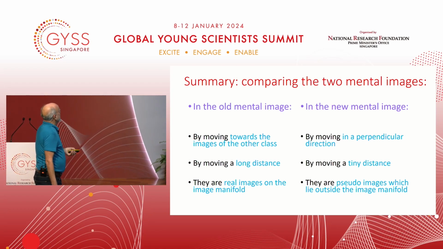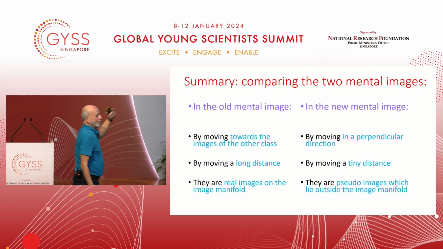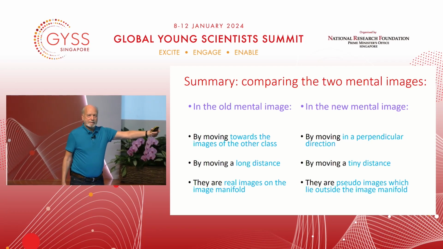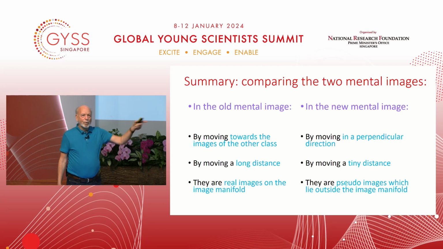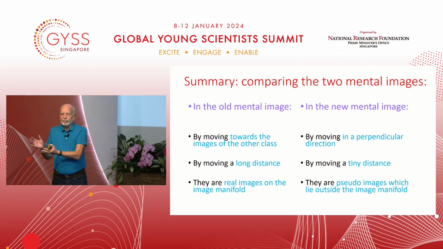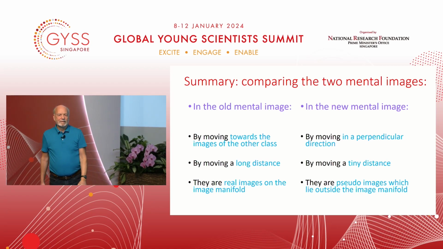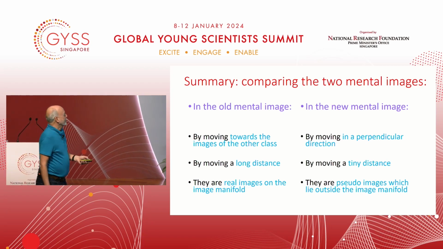In the old mental image, the two-dimensional one that I showed at the beginning, how do you create adversarial examples? You go all the way to cross the faraway decision boundary and then go a long way beyond it in order to move in the direction of actual guacamoles, which are mostly green and therefore very different from the class I started with, which is mostly gray.